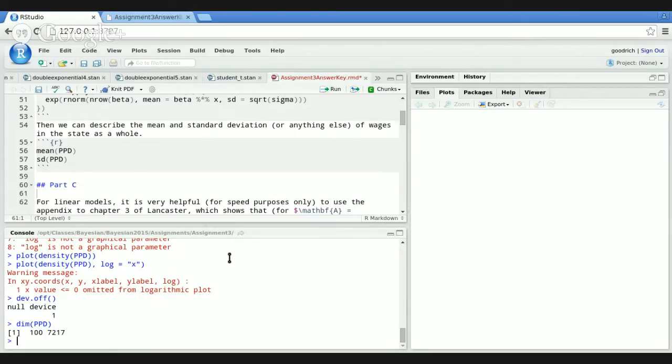Stan works not just with the R interface, but Python and MATLAB and Julia and even just a shell. So the generated quantities block was more necessary in those cases because they didn't necessarily have as thorough a computing environment on the outside to do all this stuff from.